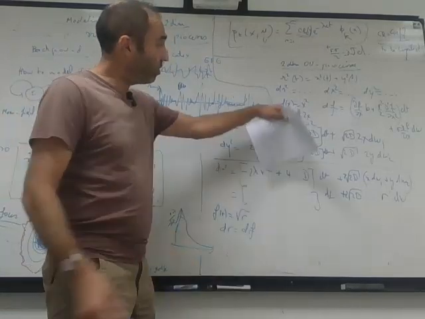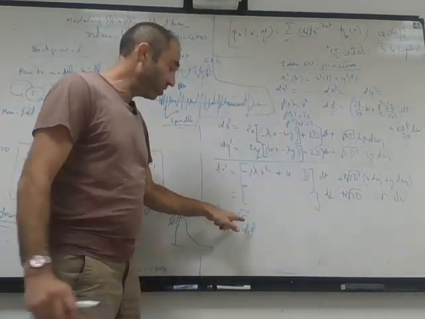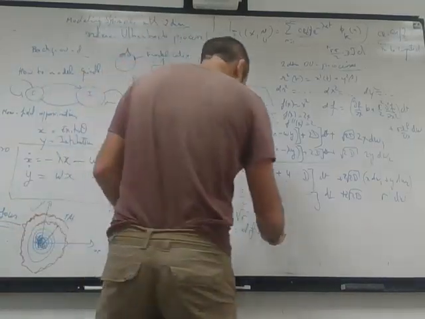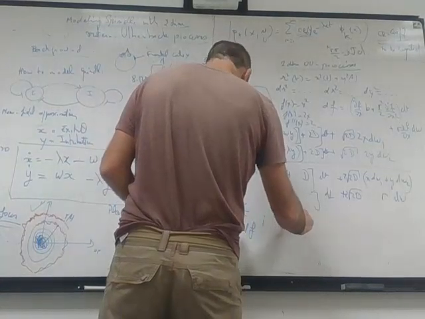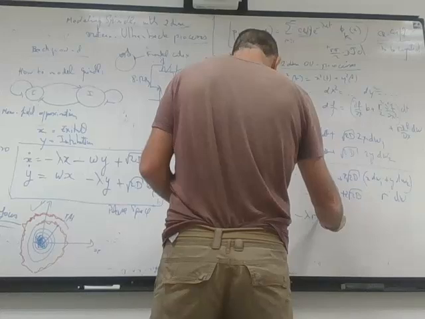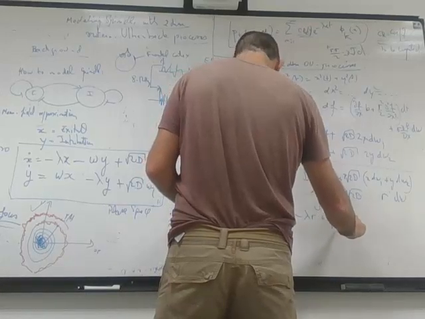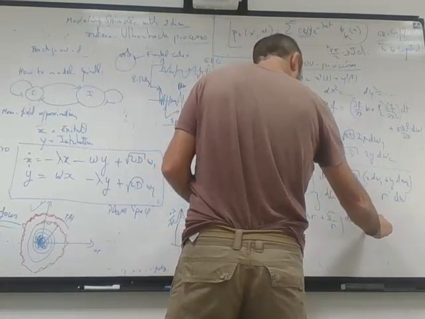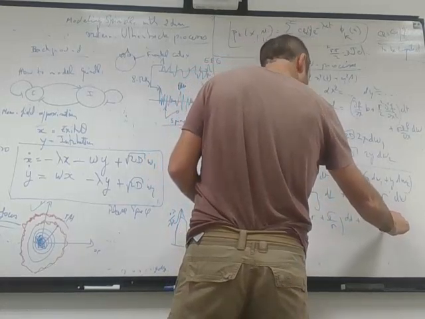You see what I did here? So you know how to differentiate once and twice the square root. So you do it at home, and you're going to find that dr equals minus lambda r plus sigma divided by r dt plus square root of 2 sigma d omega.